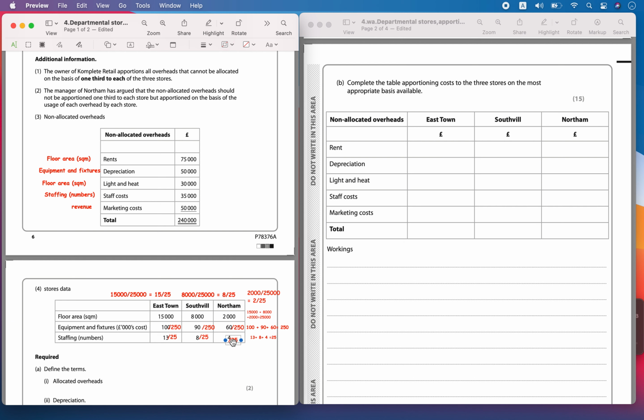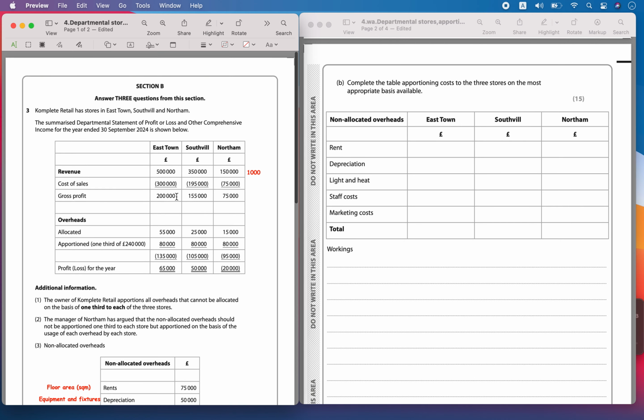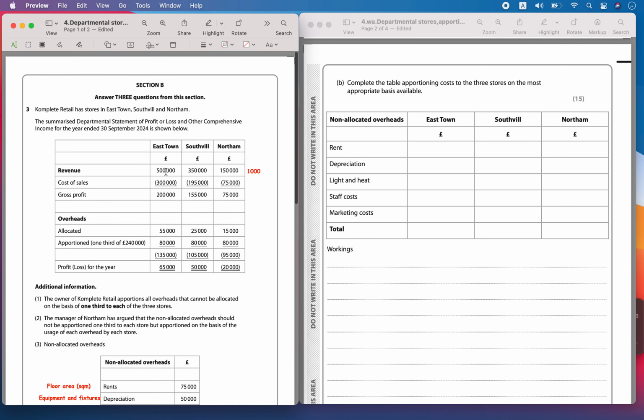Now that we know the proportions, we can do the same for the revenue. When you add up 500, 350 and 150, it is 1000. So the revenue proportion for East Town is 500 out of 1000, which is 5 by 10.